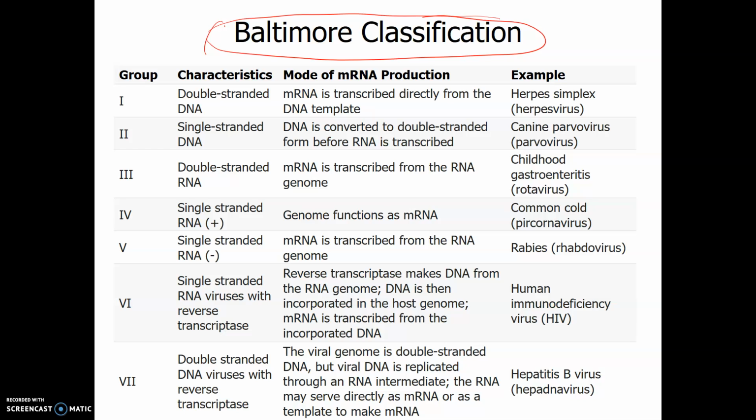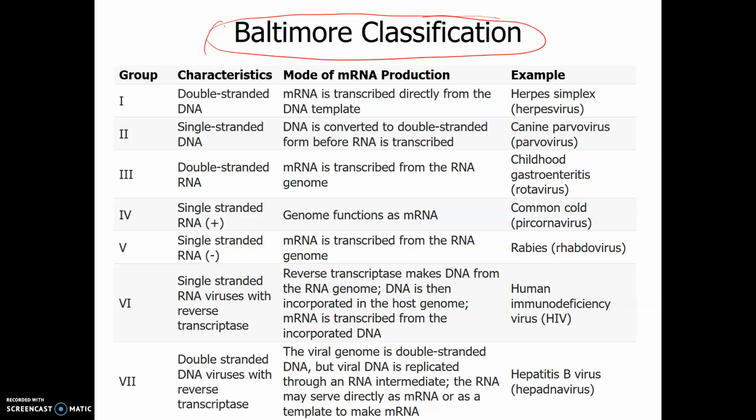So it's focusing on transcription. So we have 7 groups of viruses if you use this classification system. This classification system does not focus on the capsid or the envelope. It just simply focuses on the genetic material and the way that messenger RNA is actually produced.